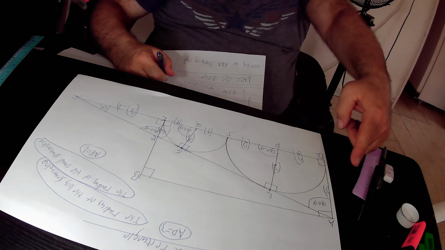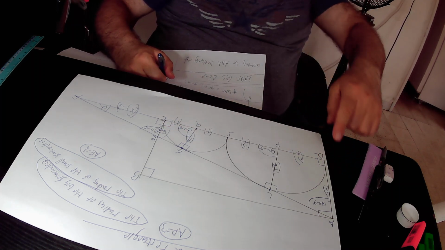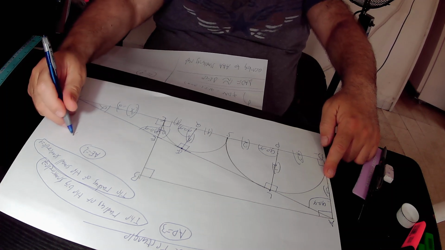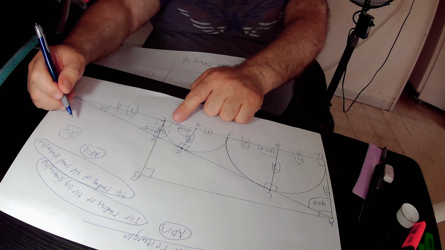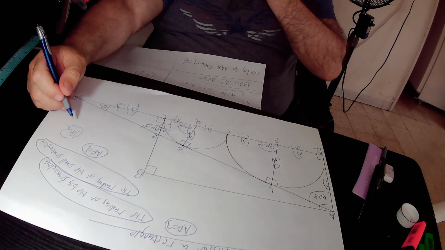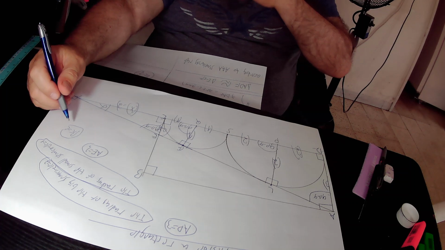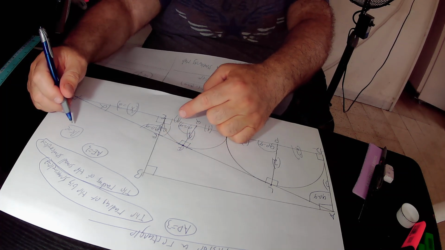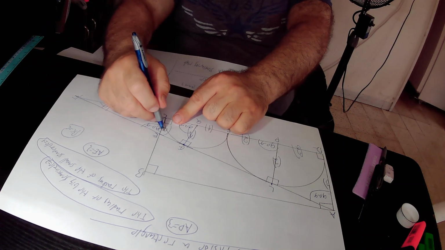That is to say, in rectangle ABCD, side AD equals side BC. But AD is 3, therefore BC is also 3.